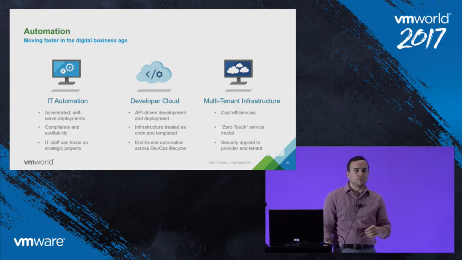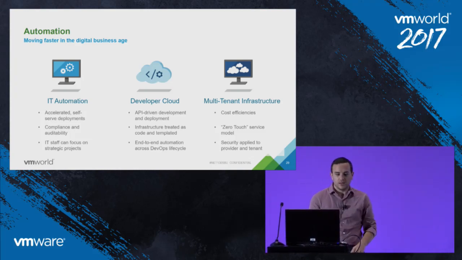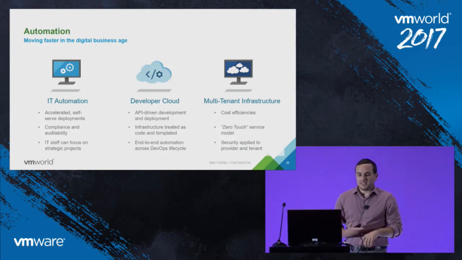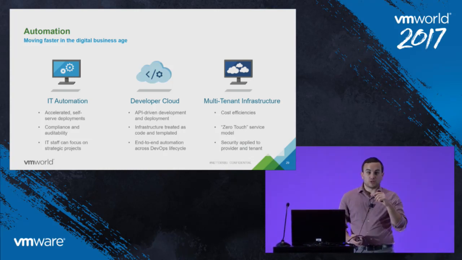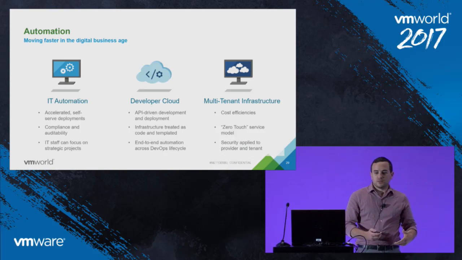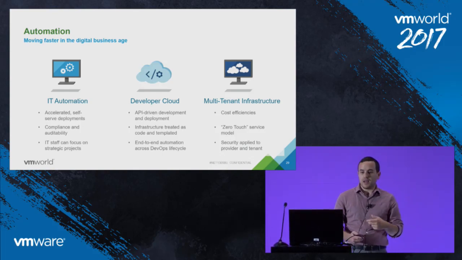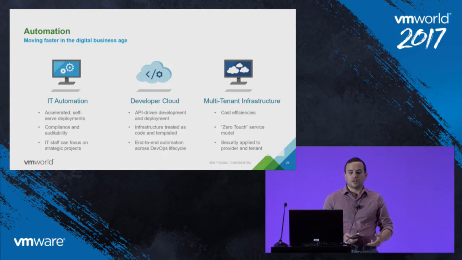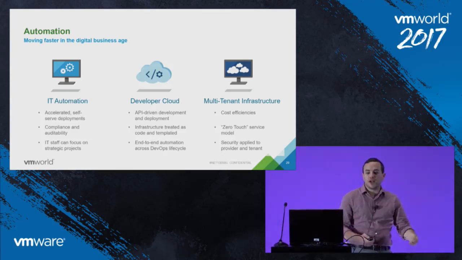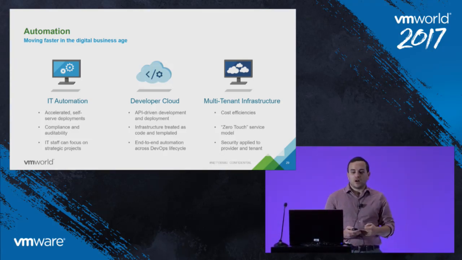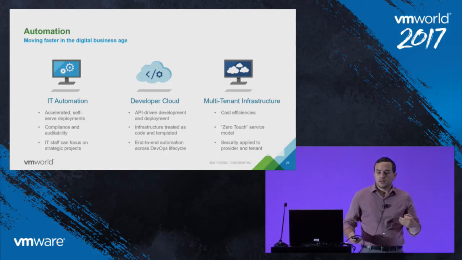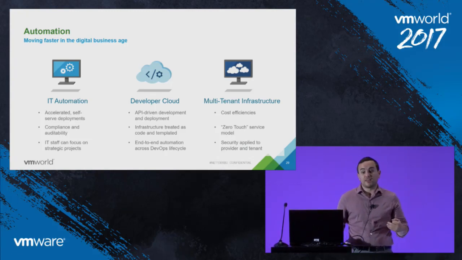It was something in the blueprint, so you know where to go and look immediately. IT staff can focus on more strategic projects because the day-to-day management is done away with. We talked about developer cloud and API-driven development and deploying, treating infrastructure as code, and automating the end-to-end life cycle of DevOps.